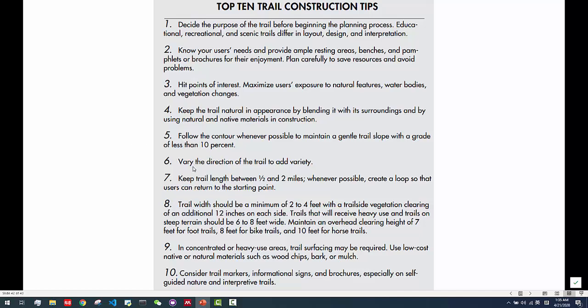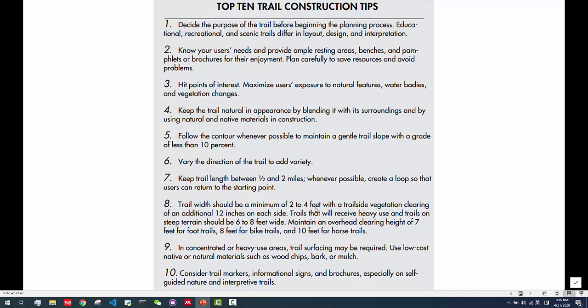I think this is grade 1. Vary the direction of the trail to add variety. That's good. You don't want it all going the same direction. Create a loop. That's a tip. And natural and native materials, that's good.